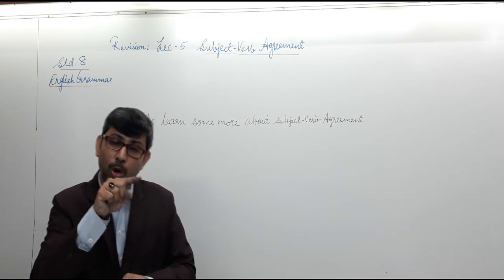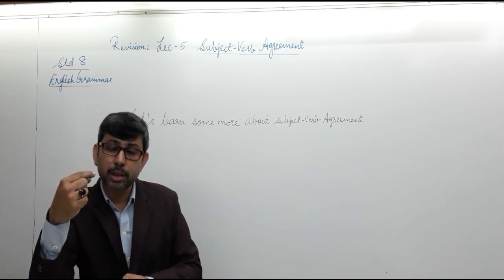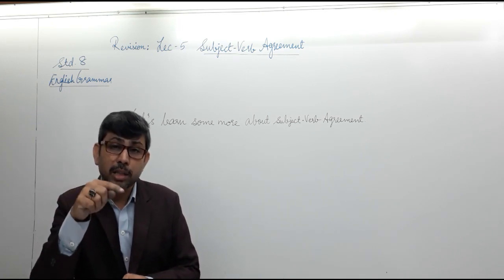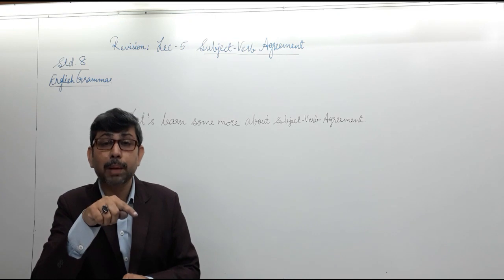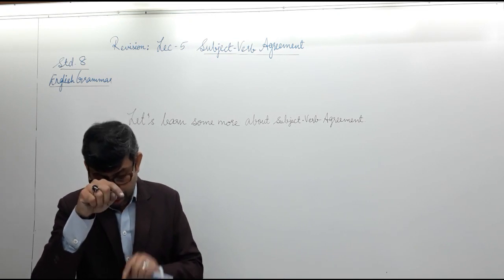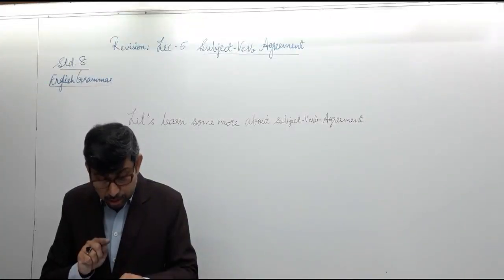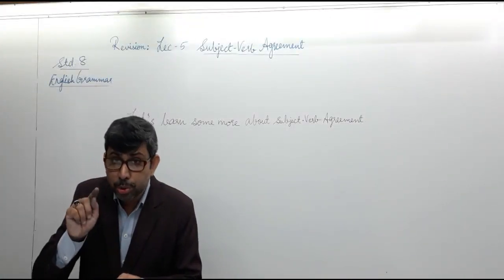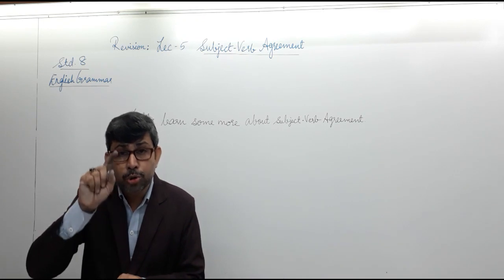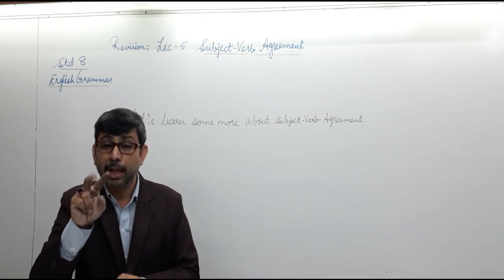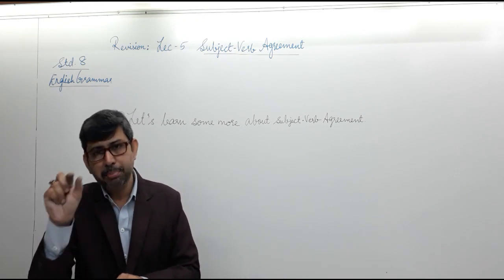So the first noun that comes along with these words needs to be taken into consideration, and accordingly we will apply the verb. As you see in the example, the teachers along with the principal are discussing the board results. What did you find over here? We have used the phrase along with in order to join two nouns, teachers and principal.